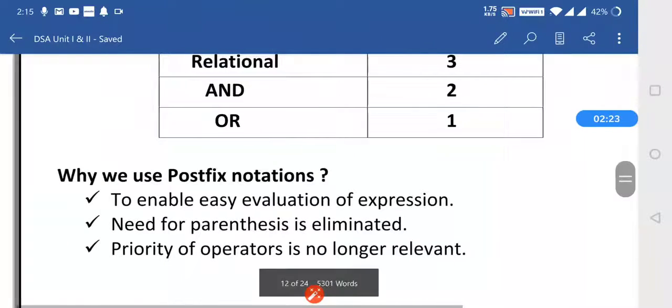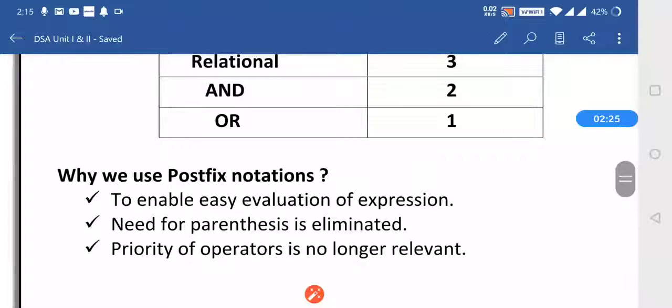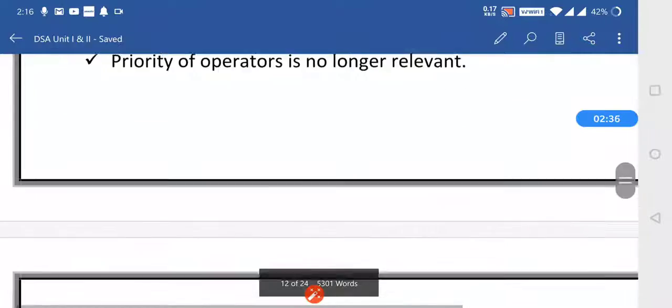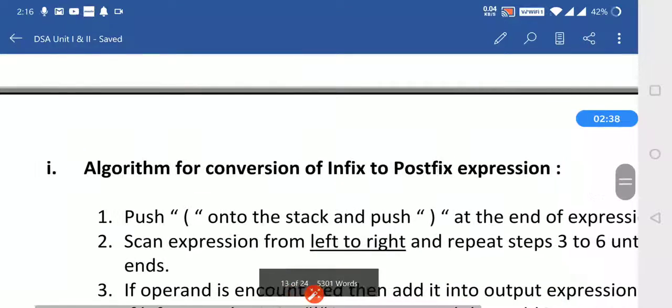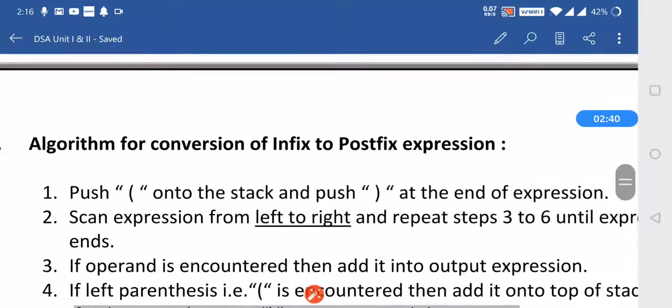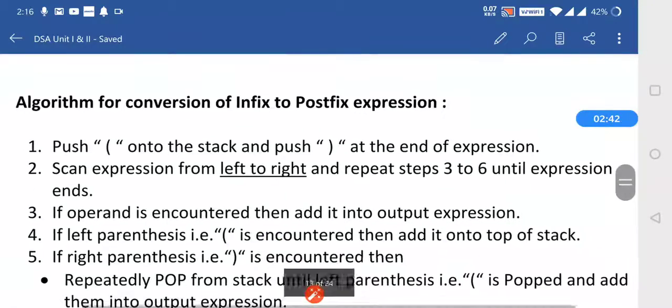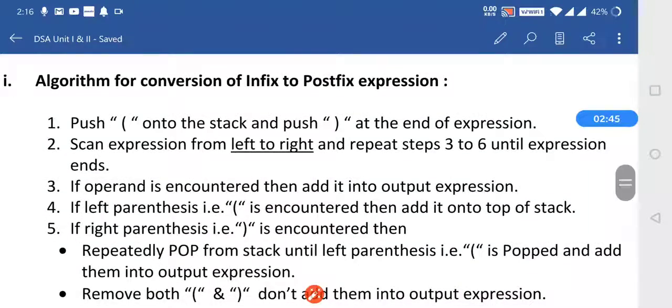Okay, so why do we use postfix notations? So that we can have easy evaluation of expressions, and parentheses are removed when we are doing postfix expressions. So how we are able to convert the infix expression to a postfix expression, that algorithm we will see.